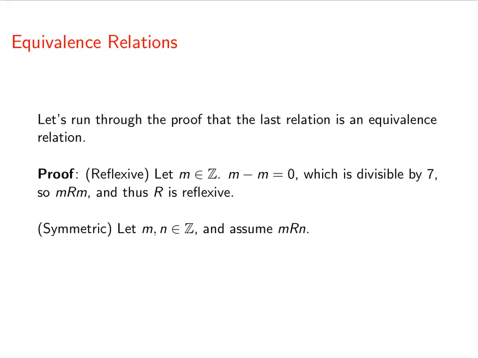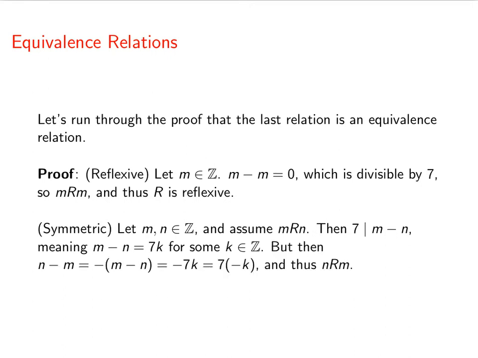Let's let M and N be integers, and we'll assume that M is related to N. What does that mean? That means that 7 divides M minus N, so we can write M minus N as 7k for some integer k. All right, then if we flip it around, we take N minus M, we'll factor out the negative sign, and now this M minus N can be replaced with 7k.